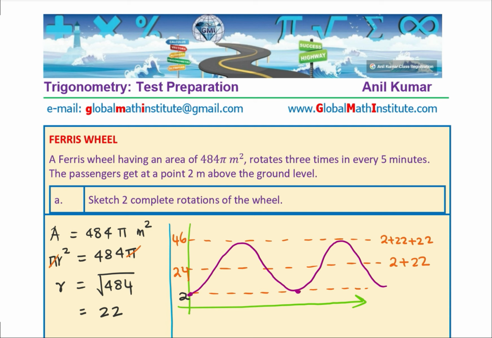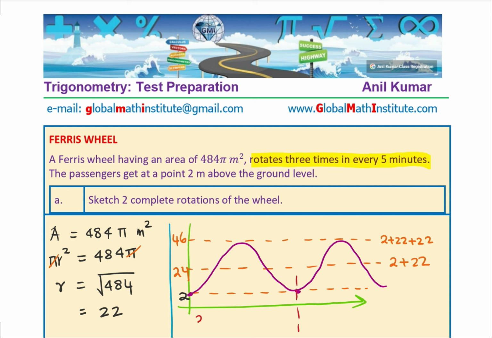Now one critical thing to be calculated is the time period. To calculate the time period, we can take help of the condition given to us that it rotates 3 times every 5 minutes, right? So one rotation, one cycle, will take how much?